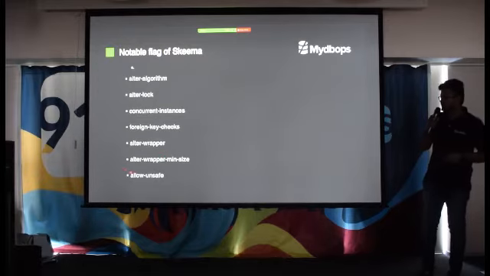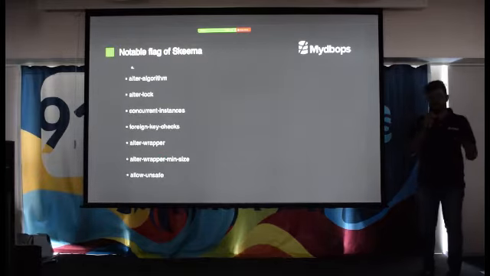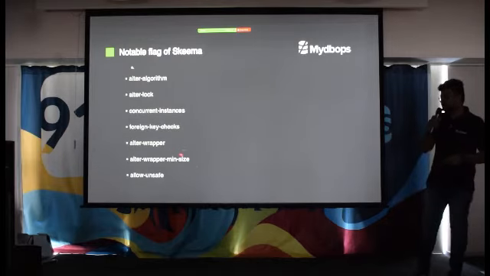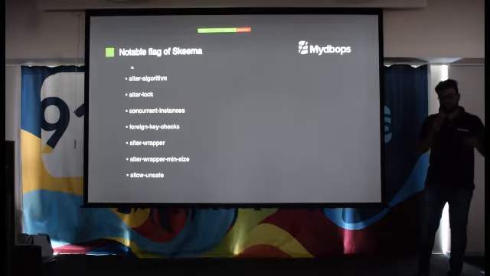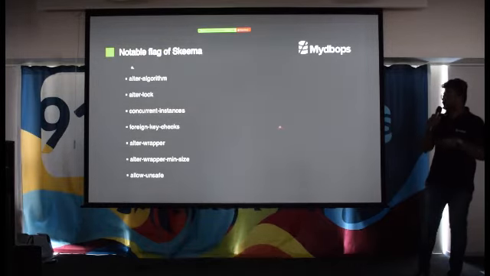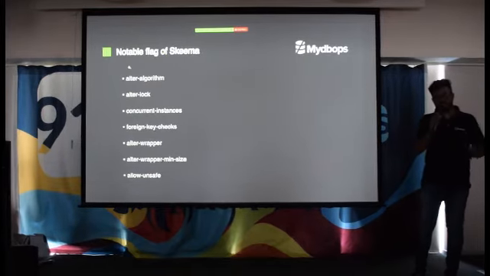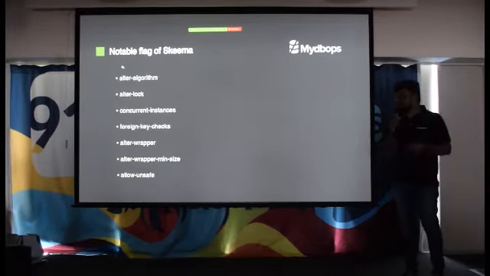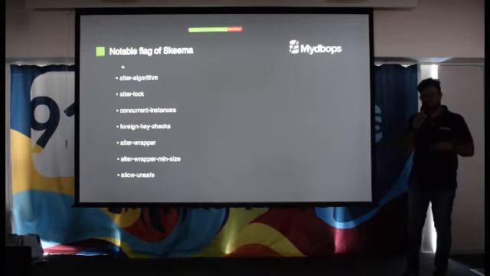And alter wrapper minimum size is the margin. If I mention 1 GB, it means if any table size exceeds 1 GB, it will go with the wrapper flavor that I have mentioned. If the table size is lesser than 1 GB, the mentioned margin, it will go with the online alter.